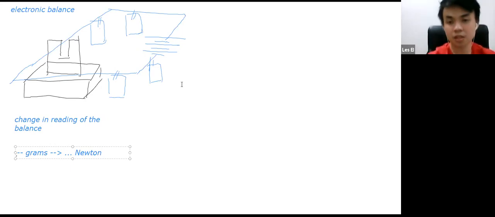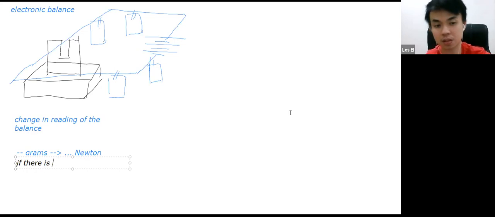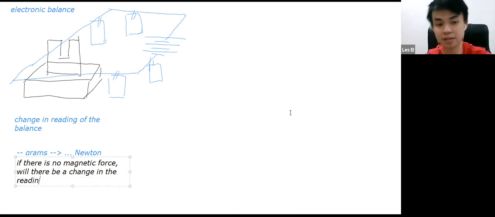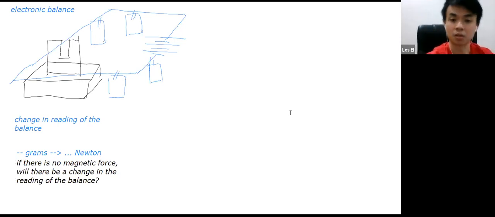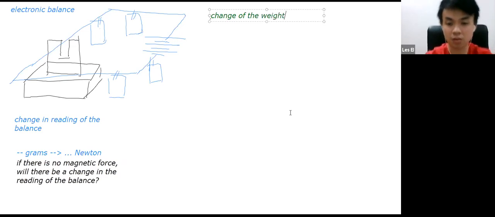Then the question is, if there is no magnetic force, will there be a change in the reading of your balance? Then the answer is no, right? So it means you have understood that the change of the weight is equal to the magnetic force.